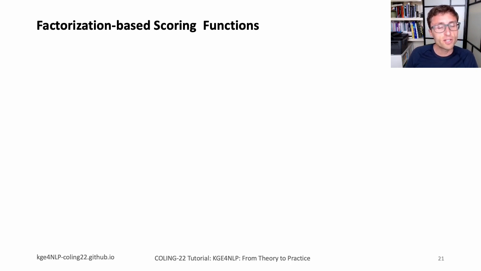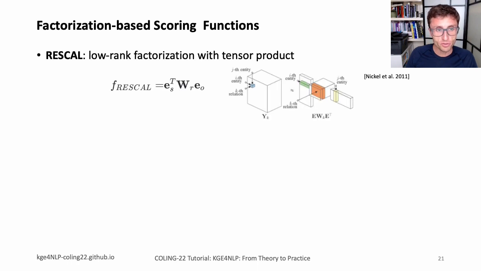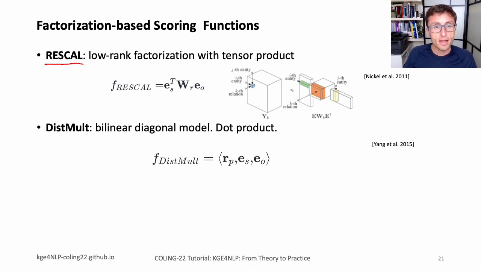There are a lot of methods that, instead of being based on translations, are grounded on factorization approaches. The first one and most famous is probably RESCAL, which was proposed in 2011. It consists of a low-rank factorization procedure that uses tensor products to factorize the adjacency tensor of the triples in a knowledge graph.